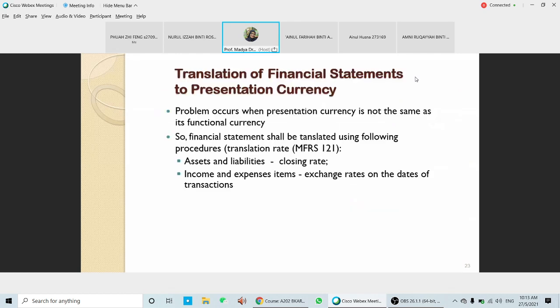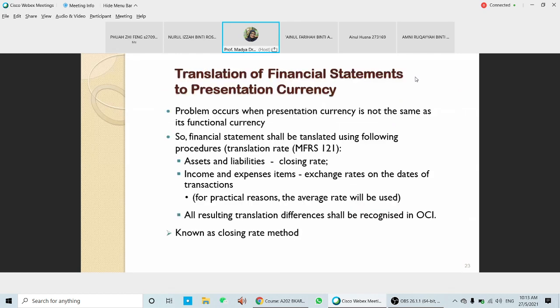So we're going to translate the financial statements to a presentation currency. So, let's say you are the parent, and you have a subsidiary in Singapore.